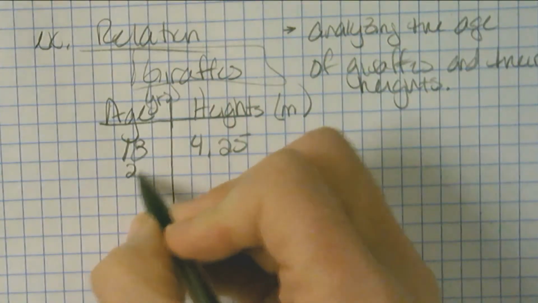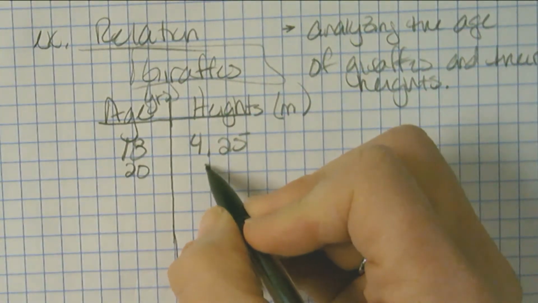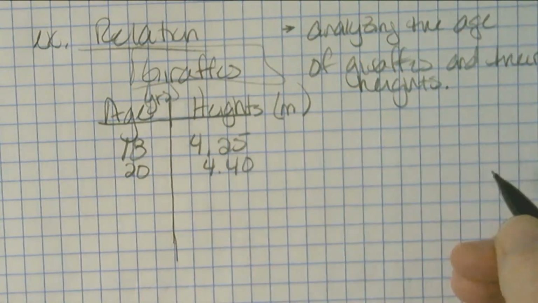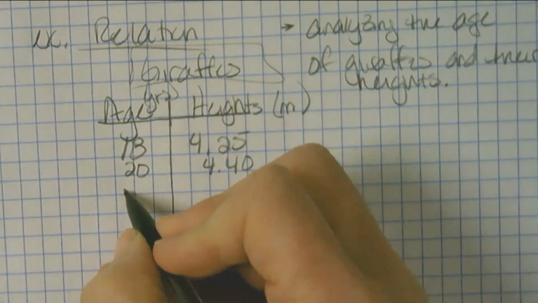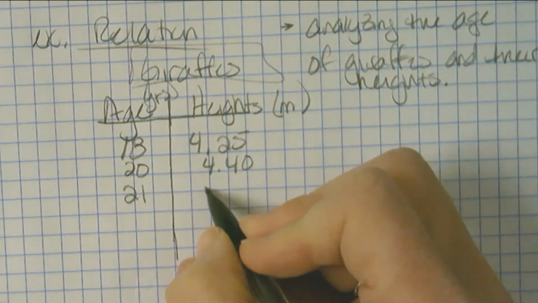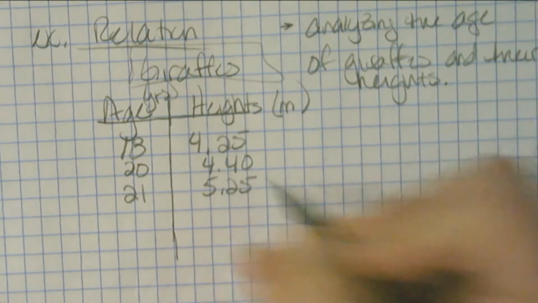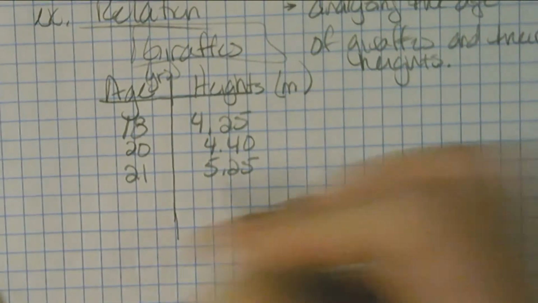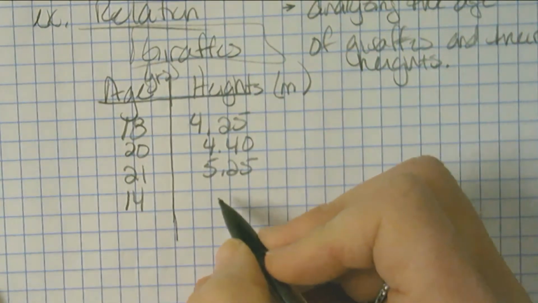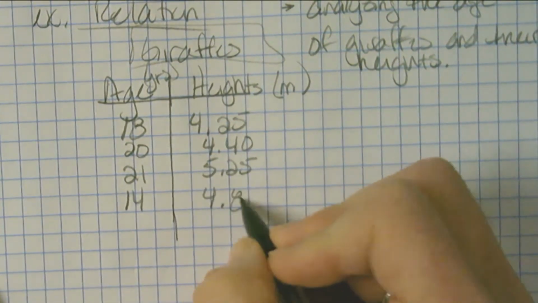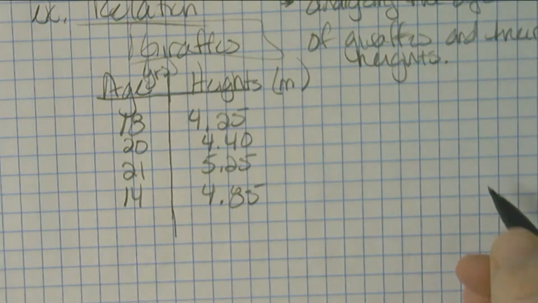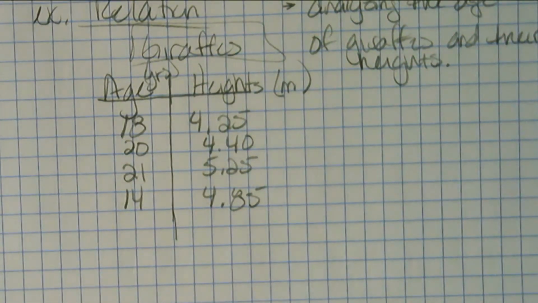A 20-year-old giraffe was 4.40 meters. They had a 21-year-old giraffe that was 5.25 meters. And they had a 14-year-old giraffe that was 4.80 that they had in their zoo that they were measuring.